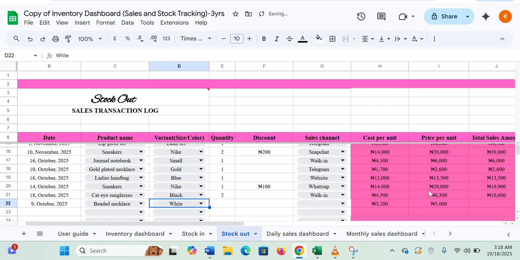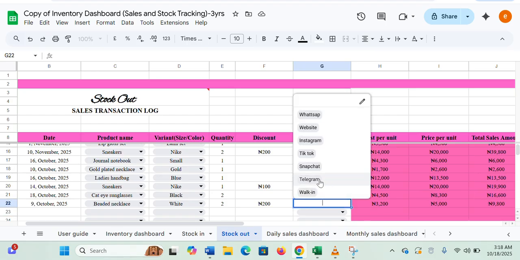Remember, again, it automatically brings in the price for you. But let's say I just want to sell two of beaded necklace. Remember again, it automatically calculates for you 5,000 times 2 is 10,000 naira. Then let's assume, oh, I have given a discount for this particular client, a discount of 200 naira. This your total sales amount is now 9,800, and I have sold this product on Telegram.